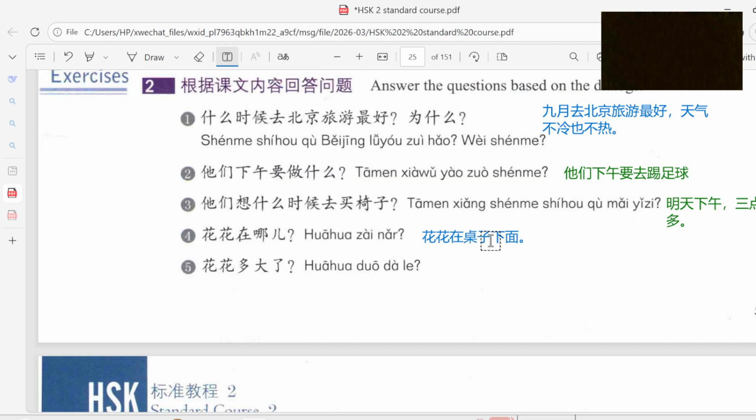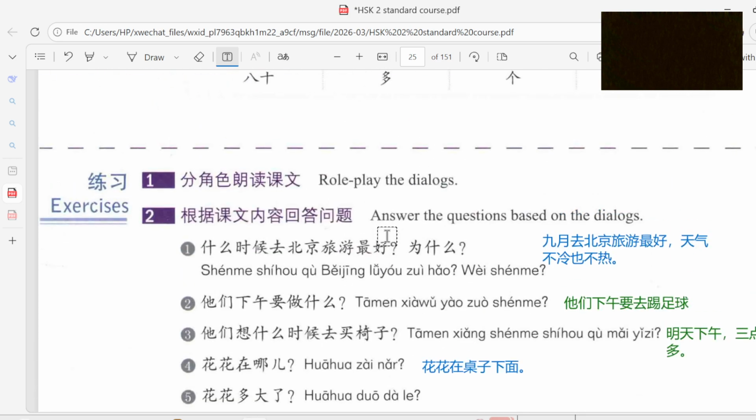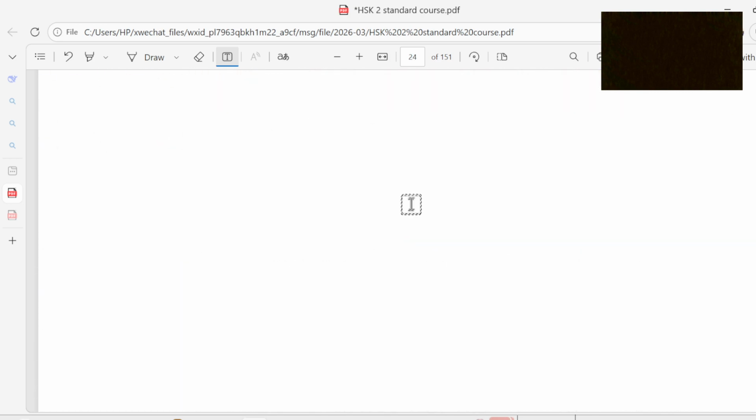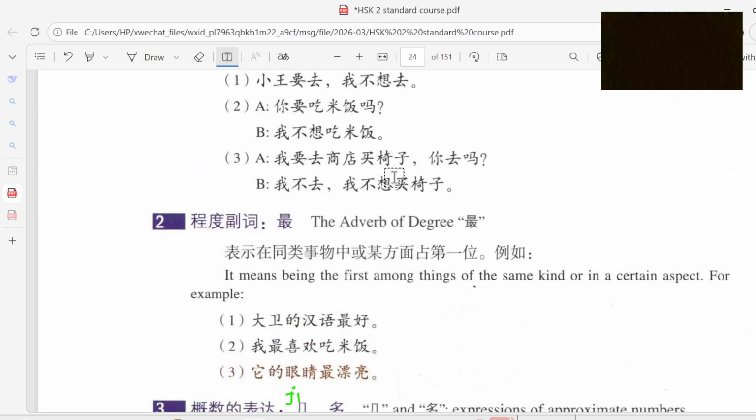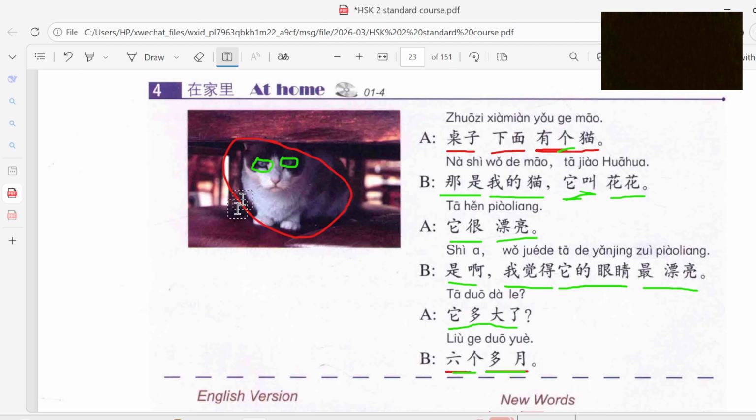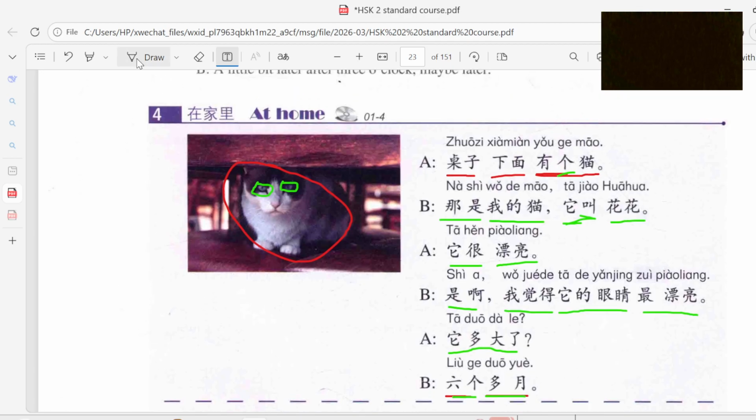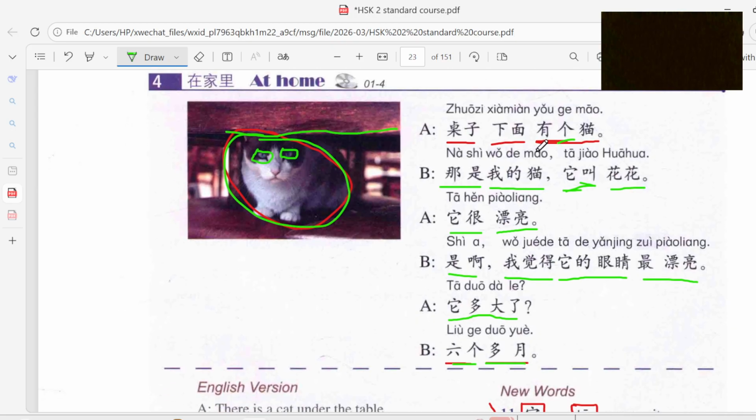Alright. I answered this for you yesterday. 花花在哪儿？Where is 花花? 花花在桌子下。Who is 花花? The cat. Where is the cat? I'll show you the cat. It's here. You see, this is Mr. Hua Hua, and this is the table. And Hua Hua is right under the table. 桌子下面, under, below.